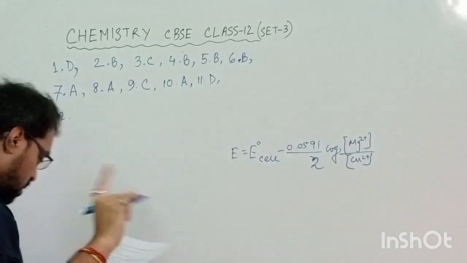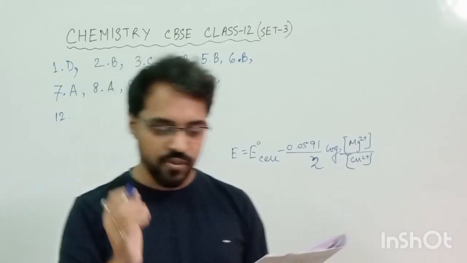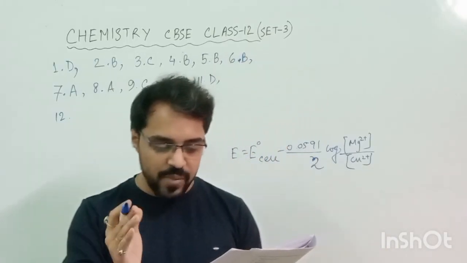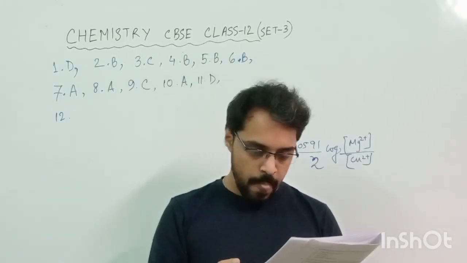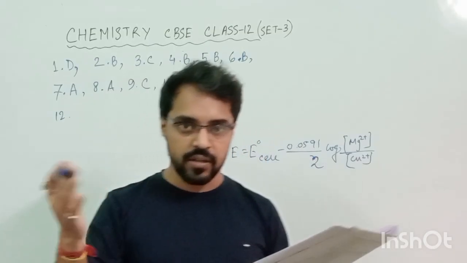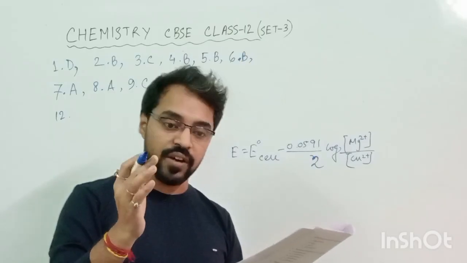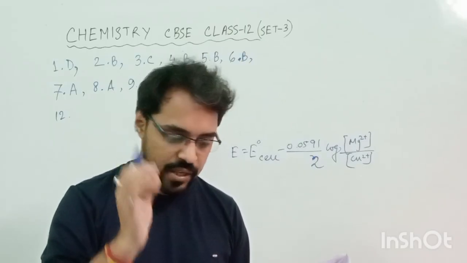Next is question number 12. Benzene diazonium chloride on reaction with phenol in weakly basic medium gives... We know that benzene diazonium chloride, C6H5N2+Cl-, reacts with phenol in weakly basic medium.